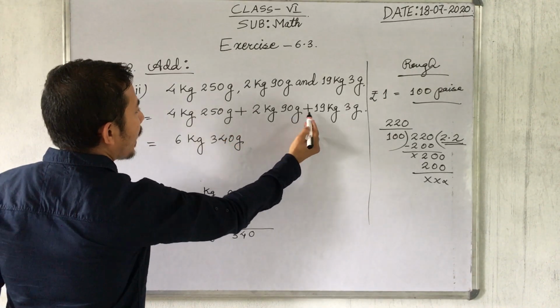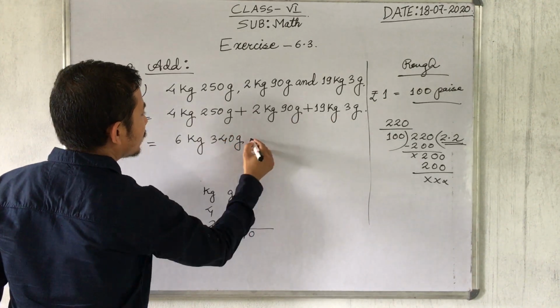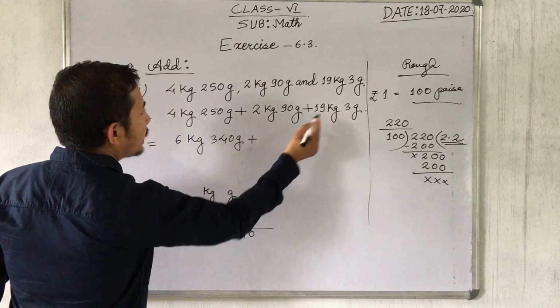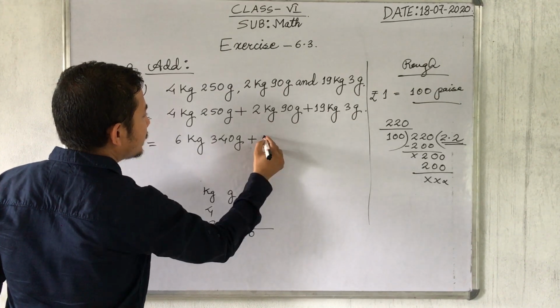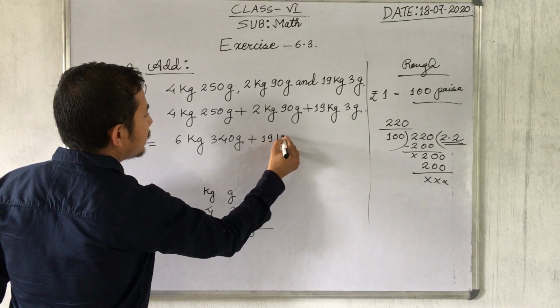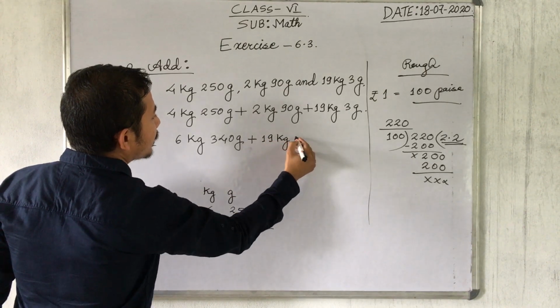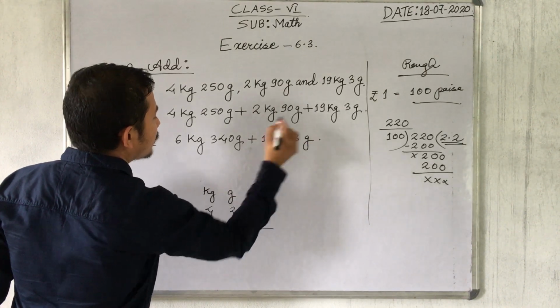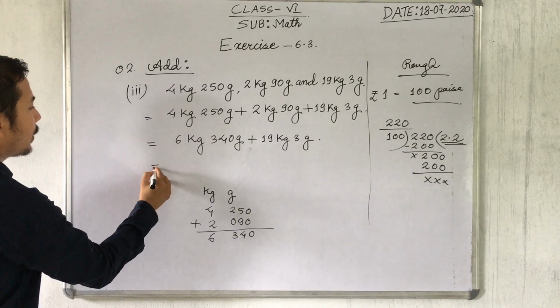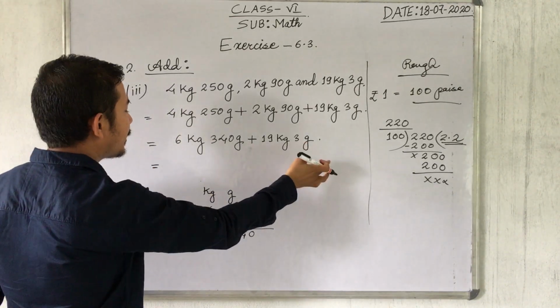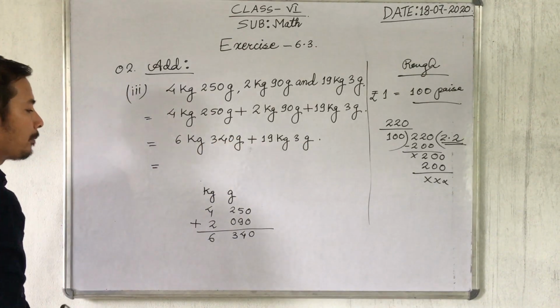Now we need to add this one. So plus 19 kg 3 gram, as it is. Finally we are going to add this 19 kg 3 gram with 6 kg 340 gram.